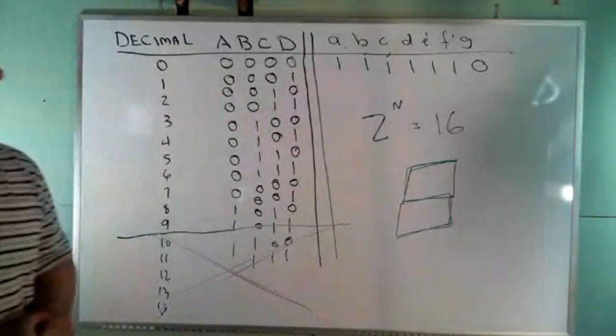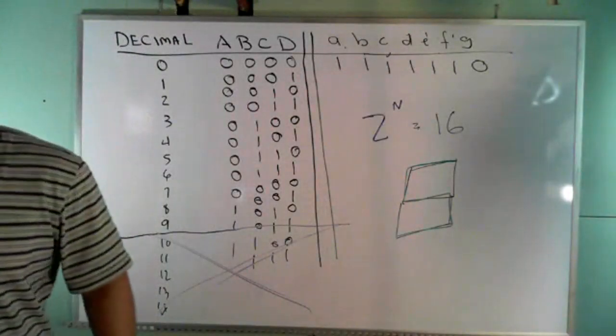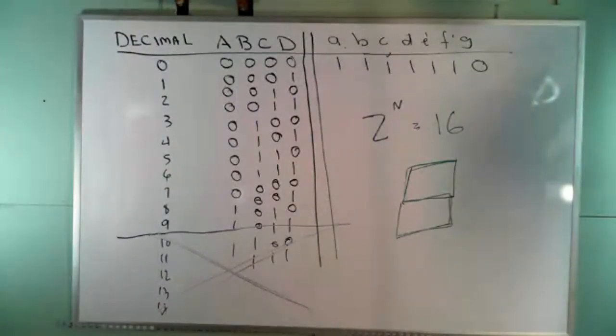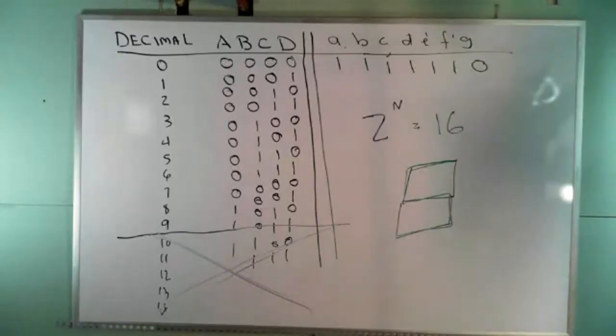That's a 5. So B and E. Oh, I was making a 6. Yeah, B and E wouldn't be lit up.